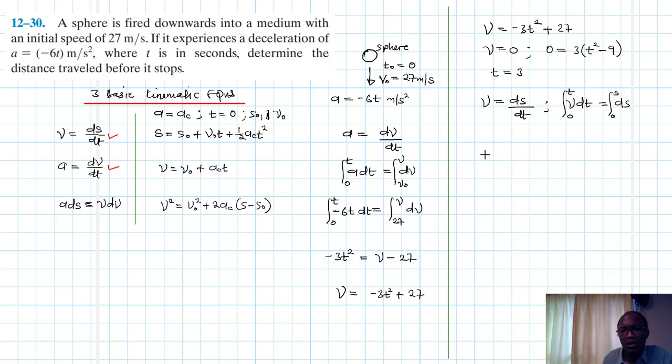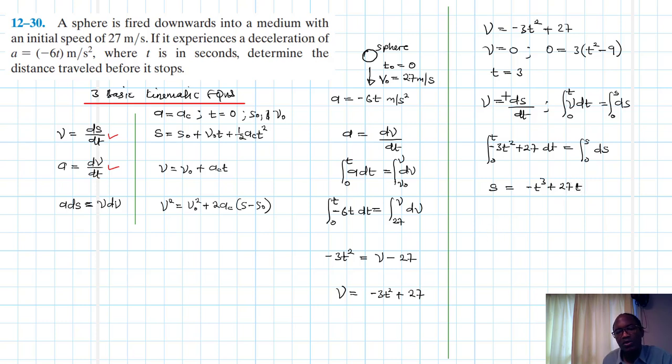Plugging in the values, we have minus 3t squared plus 27 dt integrating from 0 to t, and ds integrating from 0 to s. If we integrate this, we have s equal to minus t cubed plus 27t.